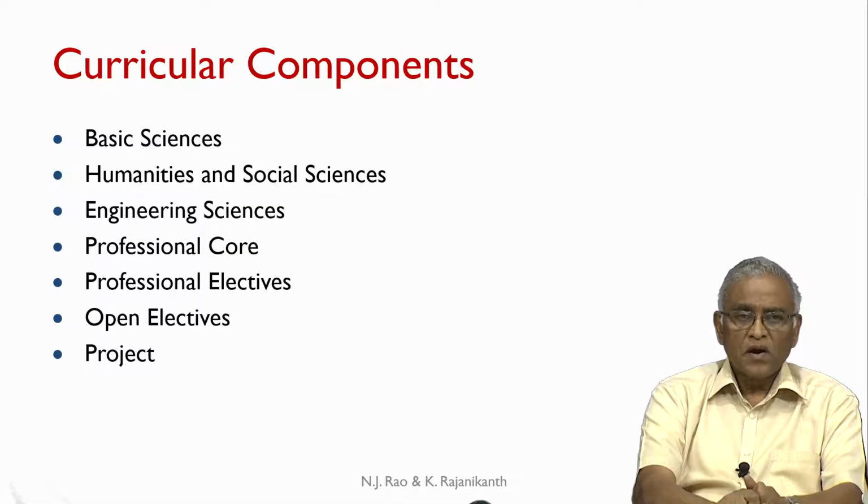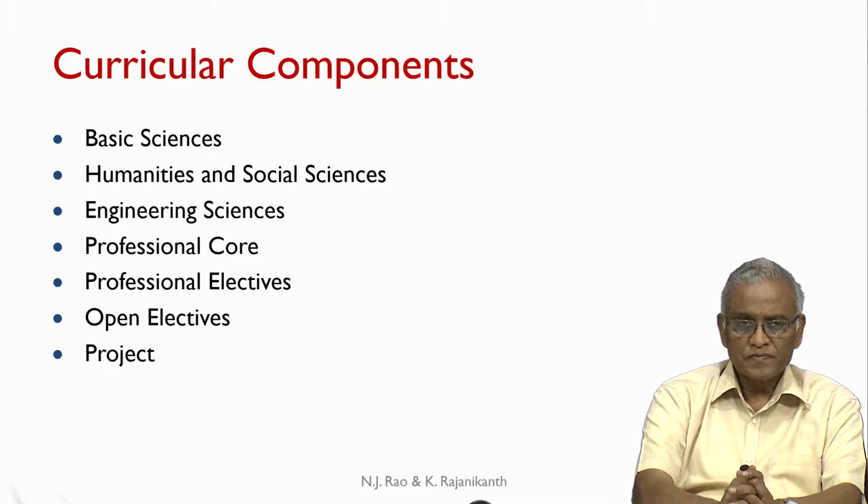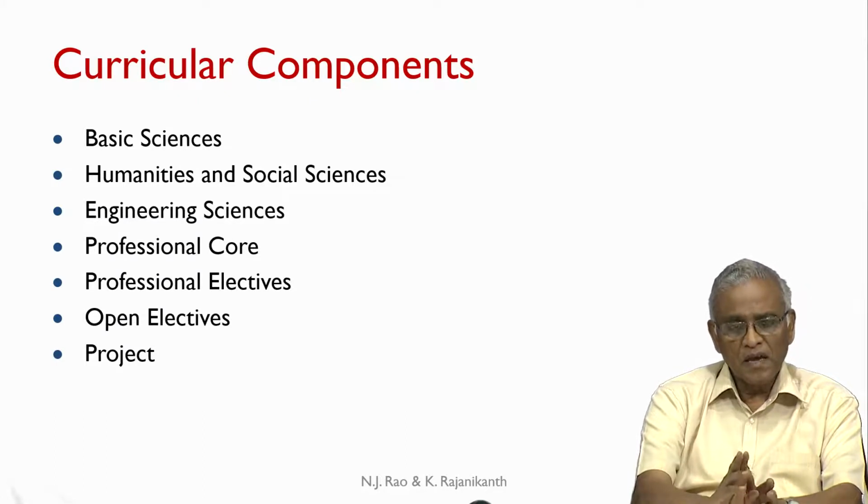Now let us look at how courses are classified. First, courses are classified into these categories. The curricular components include basic sciences. How many courses and what courses depends on a given program. That is not stated by NBA or AICTE. But there is a basic science component.